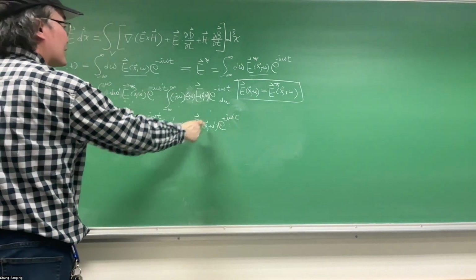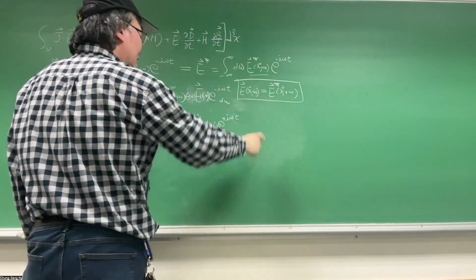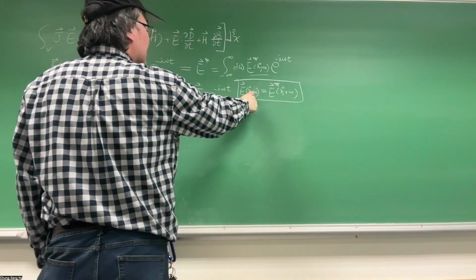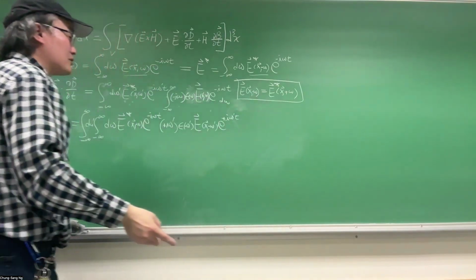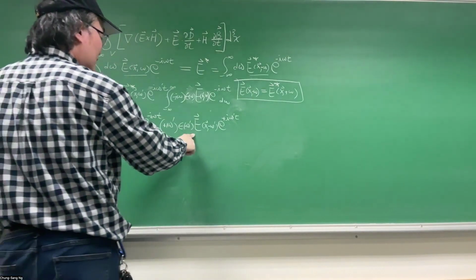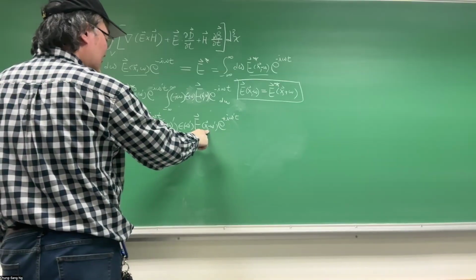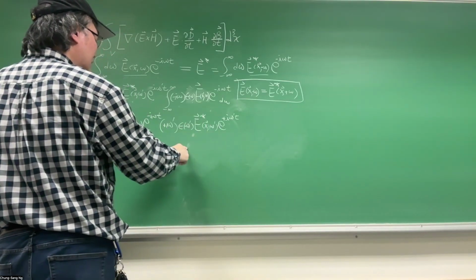And the final step is using this expression, I mean this relation. The negative frequency evaluation is just like doing a complex conjugate and getting rid of the negative frequency and positive frequency. So we can do that for this one. You can get rid of that and take the complex conjugate.